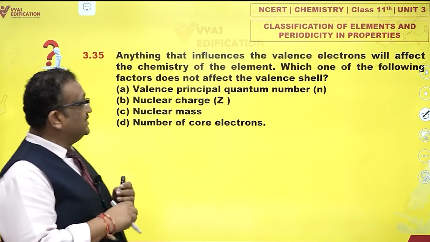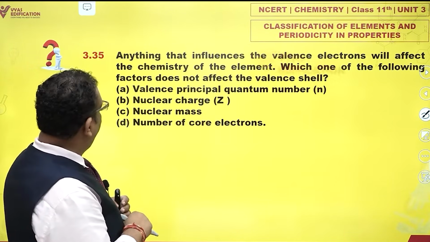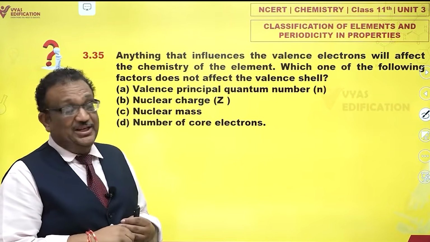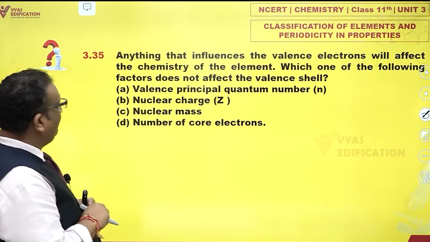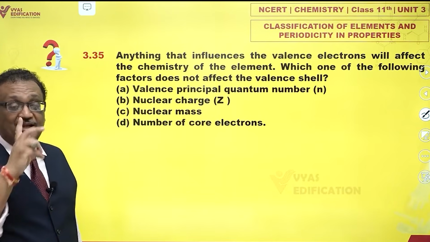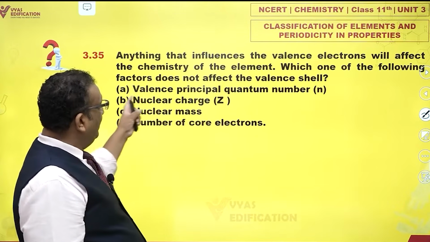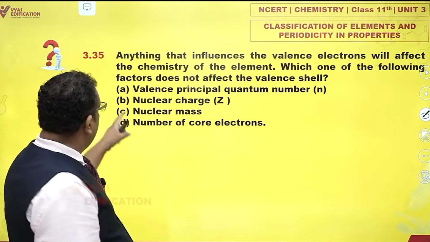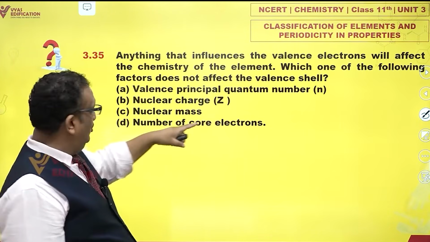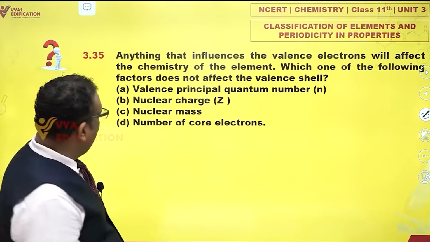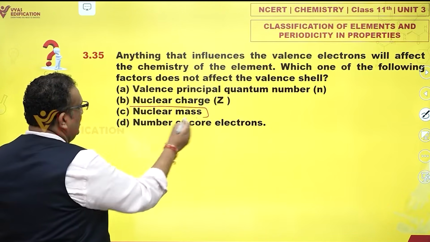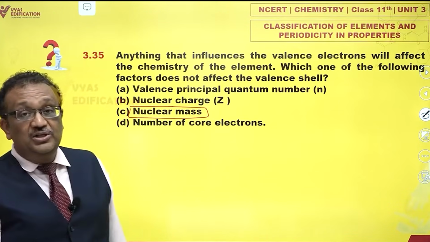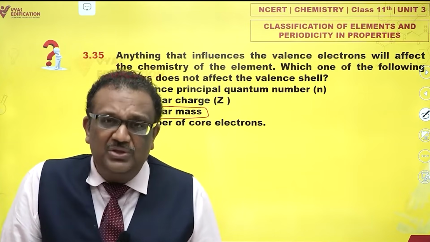Anything that influences the valence electrons will affect the chemistry of an element. Yes. Which one of the following factors does not affect the valence shell? Okay. The valence principal quantum number N, obviously that would affect the valence shell. The nuclear charge Z, okay, that would affect the valence shell. Nuclear mass. Now nuclear mass includes nuclear charge as well as the number of neutrons.